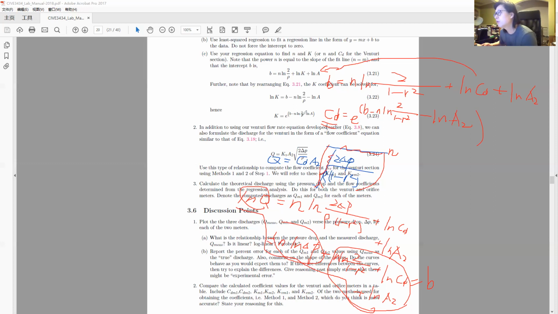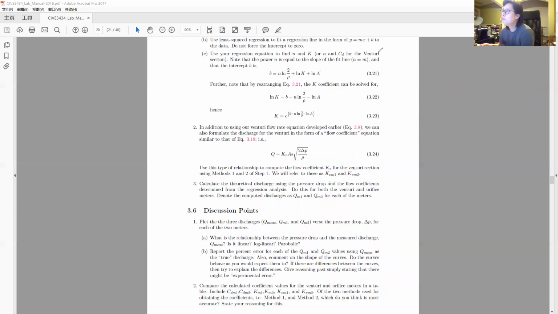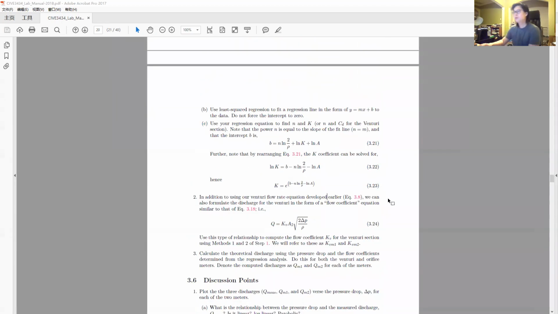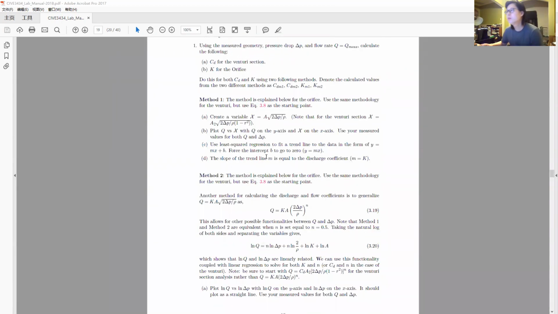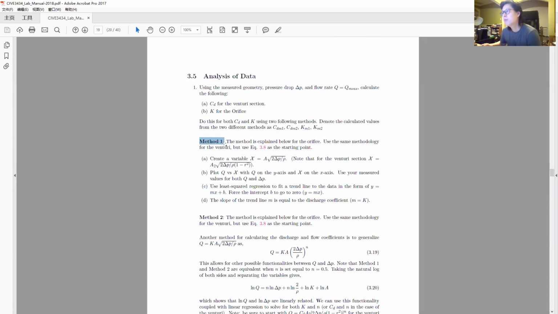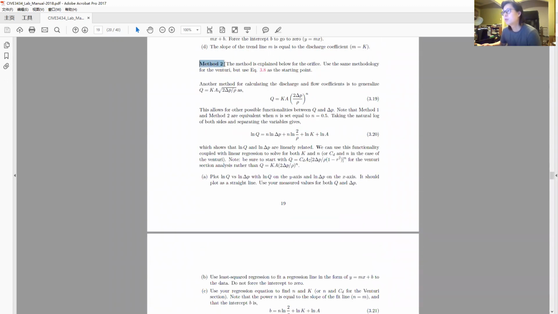And instead of 2 over rho, it's 1 over r squared for the Venturi. So I think that's pretty much it for part A, using method 1 and method 2.